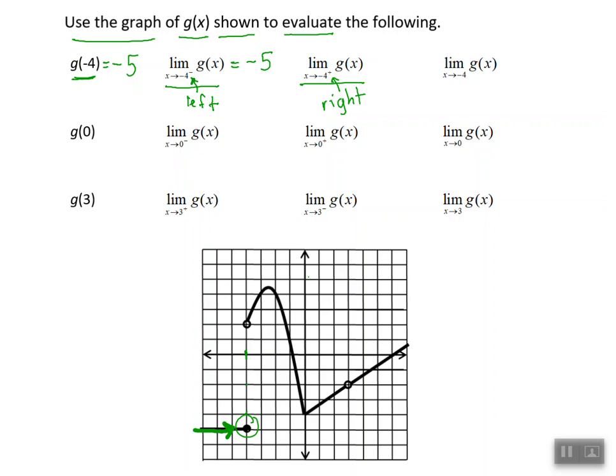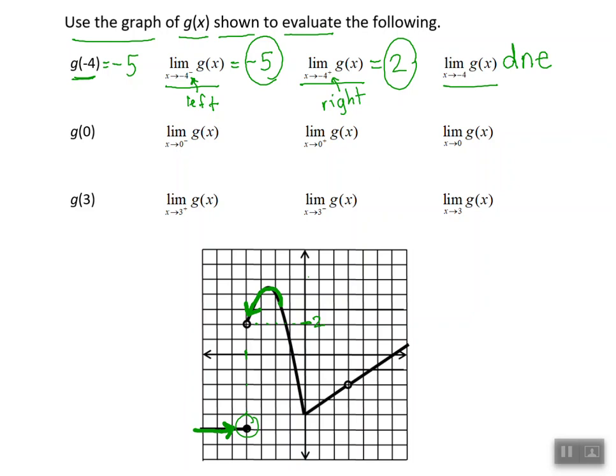So I'm going to be looking at the other path coming from the right. Notice that's going to a different y value. That's going to the y value 2. So that limit is 2. And notice since the left-sided limit and the right-sided limit are different, the limit as x approaches negative 4 of g of x does not exist.